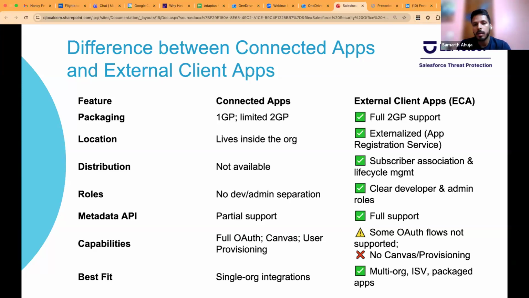Connected app did not have good support for the metadata API. And as I mentioned earlier, external client apps have clear developer and admin roles. Admin policies were particularly defined, and developer settings were defined. In connected app, it was just one full hodgepodge.